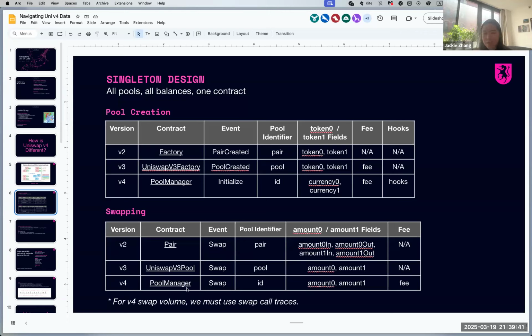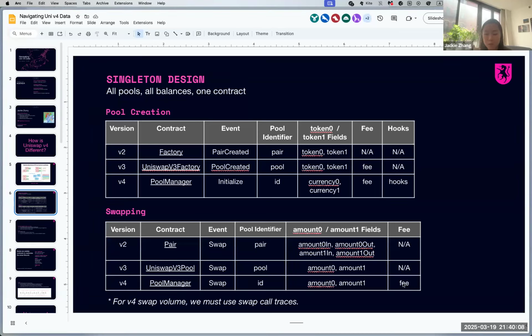In V4, it's very similar, with the difference being that the swap event is now emitted by the pool manager because there's only one contract. It will tell you which pool, by the ID, has swapped whatever amounts. And V4's swap events also tell you the fee percent, the unit being hundredths of a bip, that was charged.